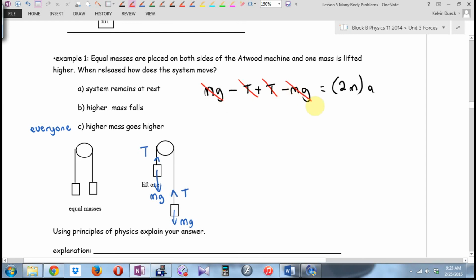In fact, as a number on the left, I get this. That apparently equals 2 times m times A. When you multiply and get 0 as an answer, the only way you can do that is if one of these is 0. Are the masses 0? So what must be 0?